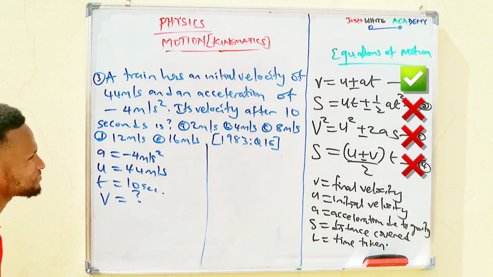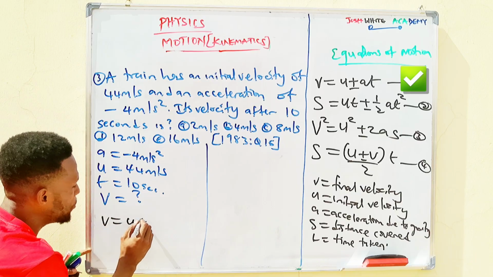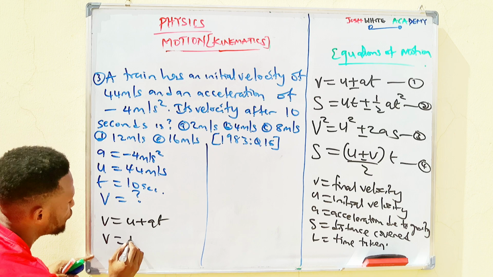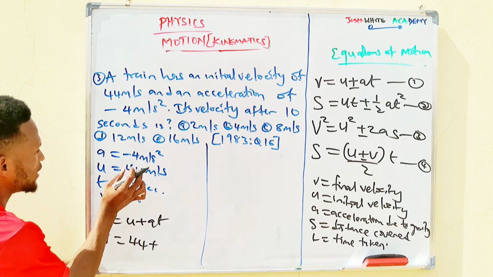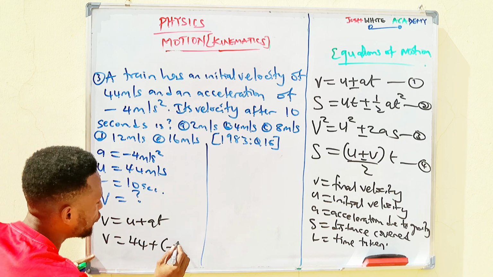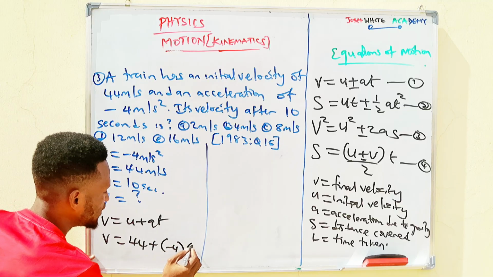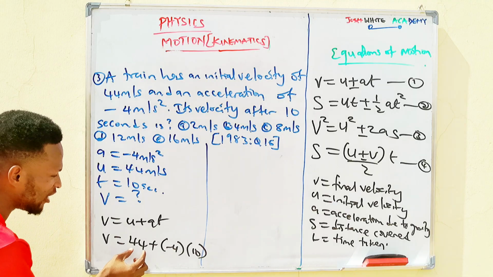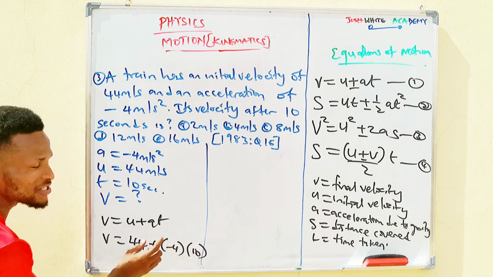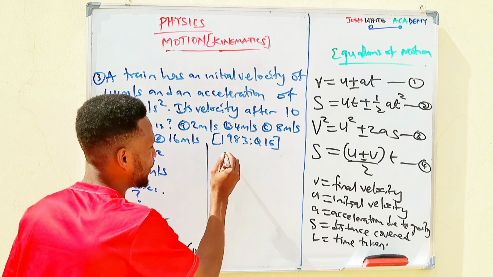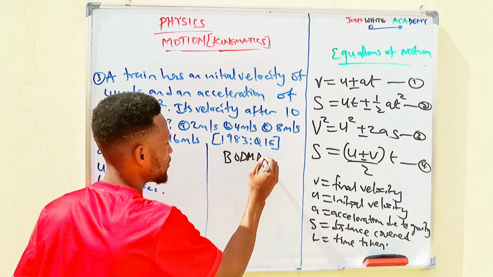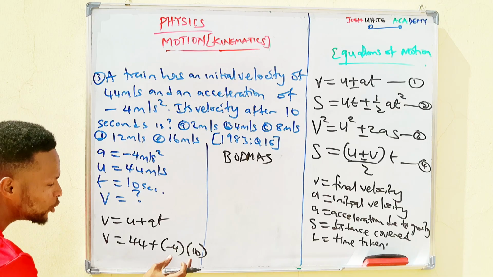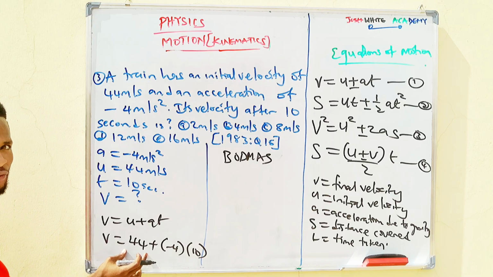So let's use it. So V is equals to U plus at. So we are looking for V. U is 44 plus A, our negative 4, multiplied by t, which is what? 10. You see it? So please don't make the mistake of adding before you multiply, because remember, in BODMAS, multiplication comes before addition and subtraction. So please do well to multiply this first before you sum them.